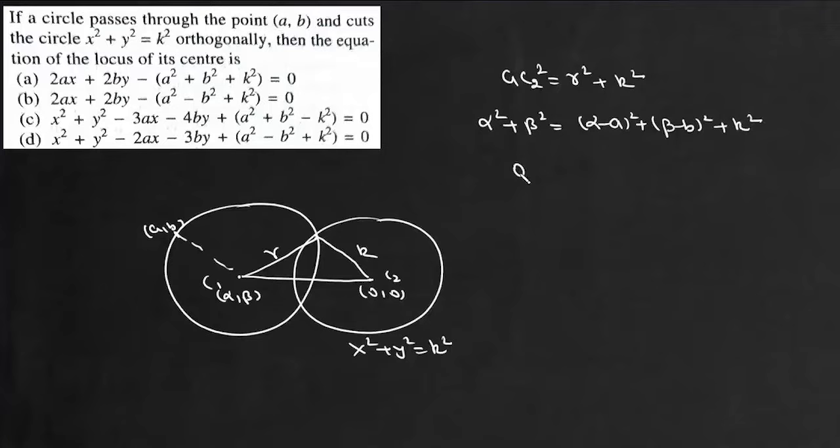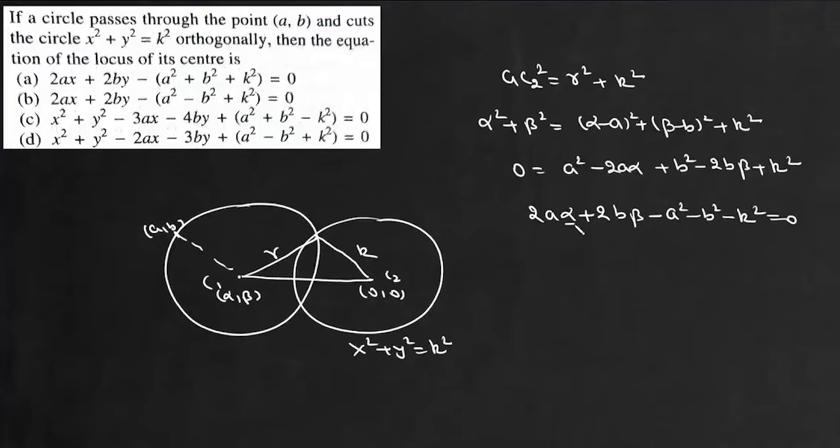Now alpha square and beta square will cancel, so we'll get a square minus 2a alpha plus b square minus 2b beta plus k square, or this required locus is 2a alpha plus 2b beta minus a square minus b square minus k square equals 0. Now in the end, we'll replace alpha with x and beta with y. So we'll get this equation as 2ax plus 2by minus (a square plus b square plus k square) equals 0. And that's your option A.